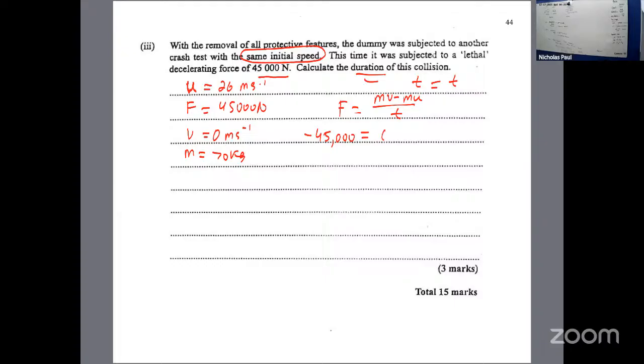What's the final momentum? 0. Initial momentum is still what? 18 times 20. And then you have to make T the subject of the formula. So carry it up, divide it.